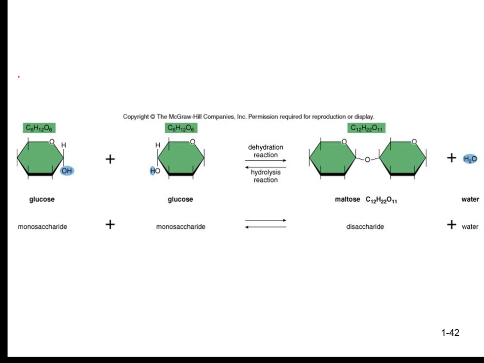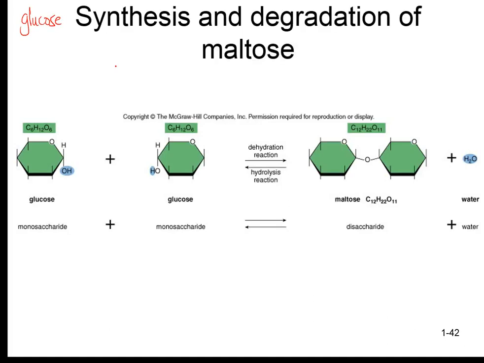Now, when you add two monosaccharides, you see what you are doing? You're getting rid of this water molecule here. When you add two monosaccharides, they give you a disaccharide. In this case, when you add glucose plus glucose, it gives you the maltose.